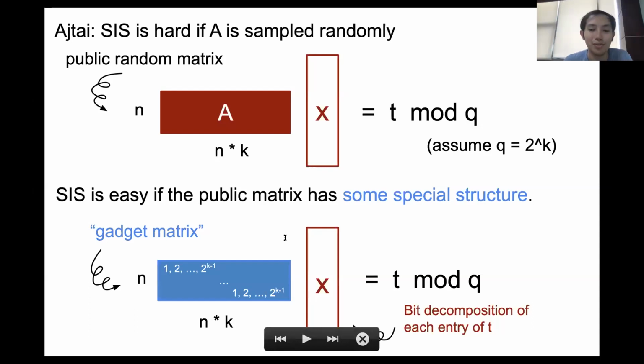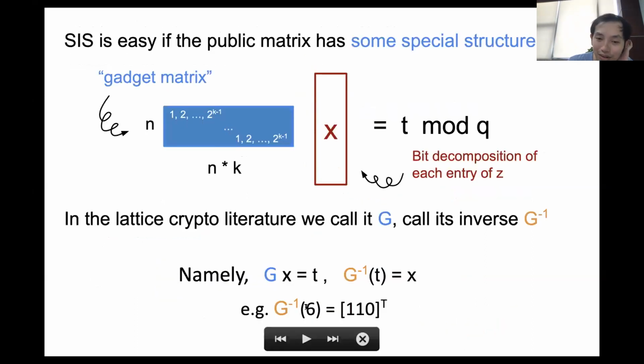For example, if your T is 6, you take the bit decomposition of 6 as 110, and if you put 110 here, you obviously see that this times this equals T mod Q. So this is an efficiently computable function, namely bit decomposition.